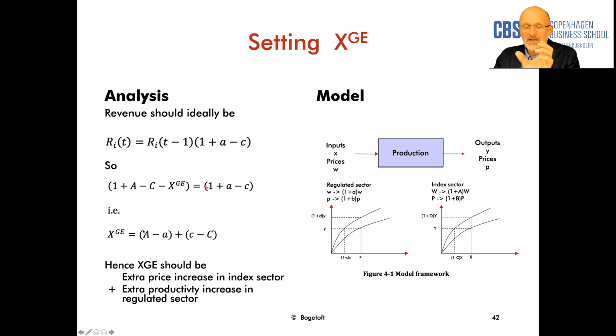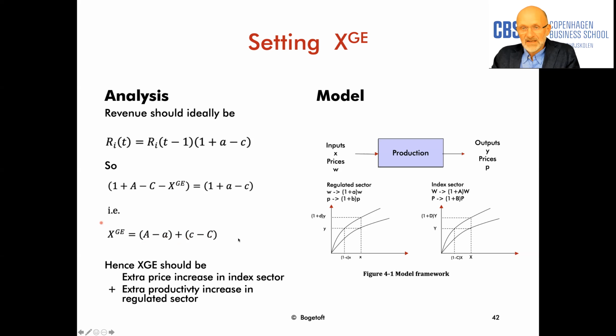So rearranging here, I can see that XGI needs to be this one here and this one here. And what is this? This is the price development, how input prices increase in the reference sector minus how they change in my sector. And this is how my productivity improves minus how the productivity improves in the reference sector.